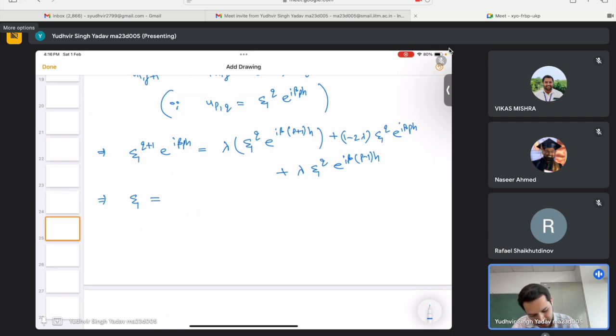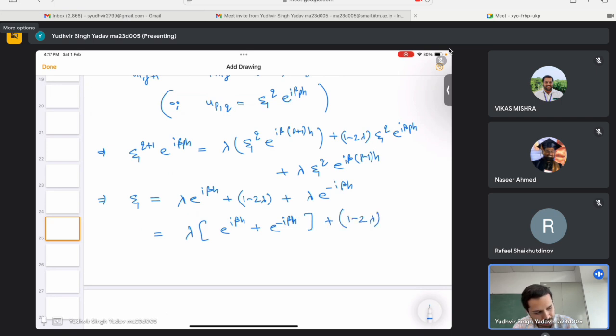So we will be left with xi equals lambda e^(iota beta h) plus 1 minus 2 lambda plus lambda e^(-iota beta h). This can be further simplified: we take lambda common and we are left with e^(iota beta h) plus e^(-iota beta h), and 1 minus 2 lambda.